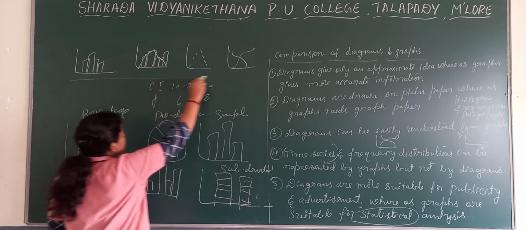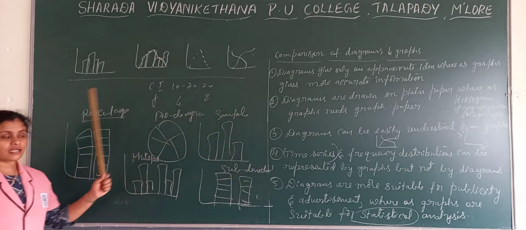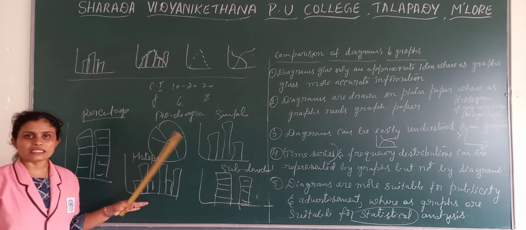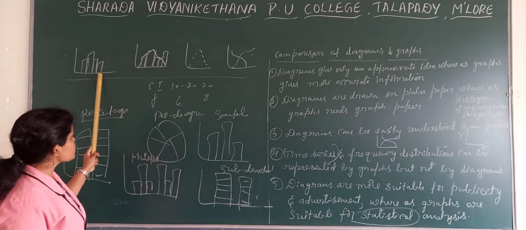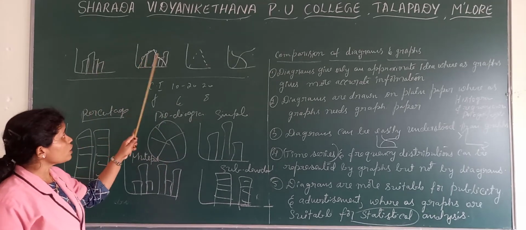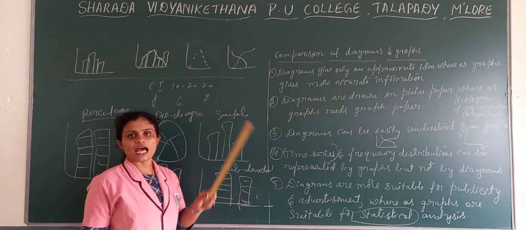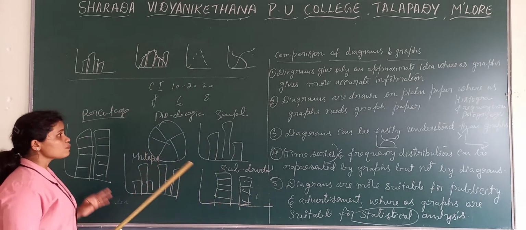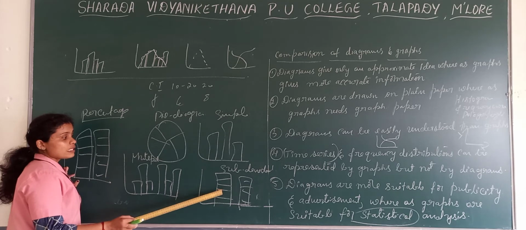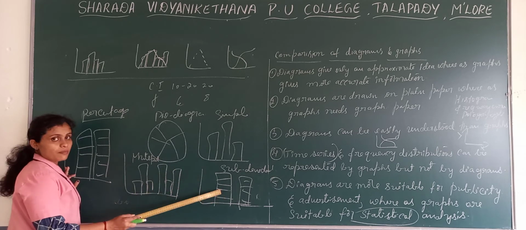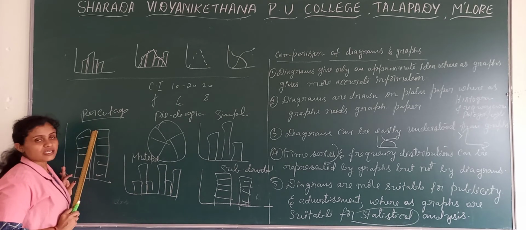These four are graphs and these are diagrams which we studied in this particular chapter. Graphs are histogram, frequency polygon, frequency curve and ogives, and diagrams are simple bar diagram, multiple bar diagram, subdivided bar diagram, percentage bar diagram.